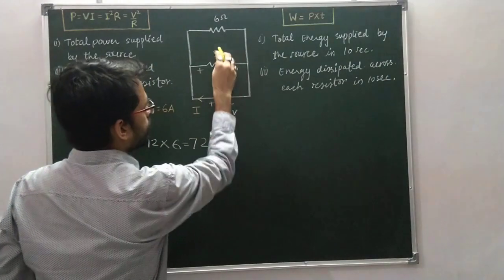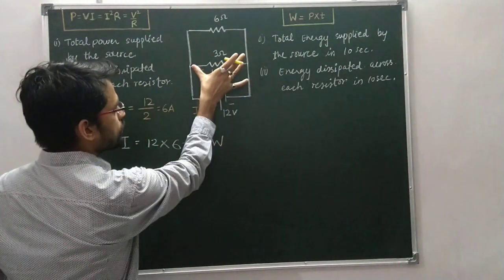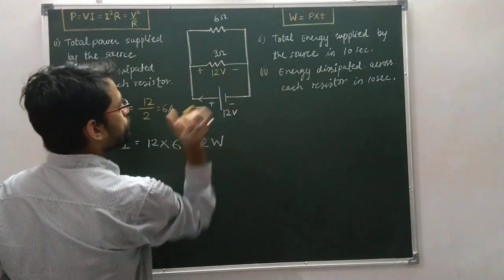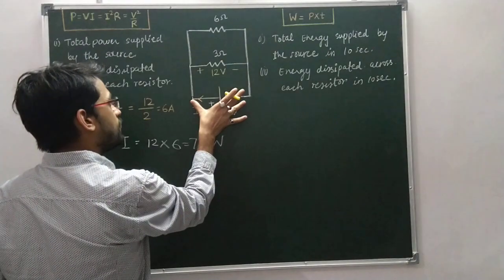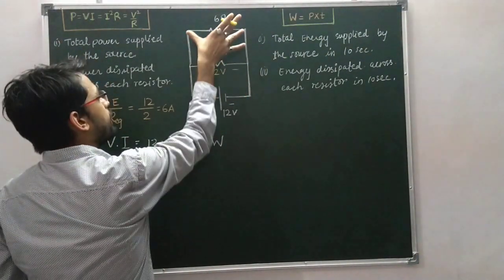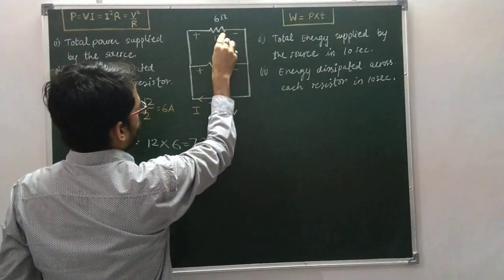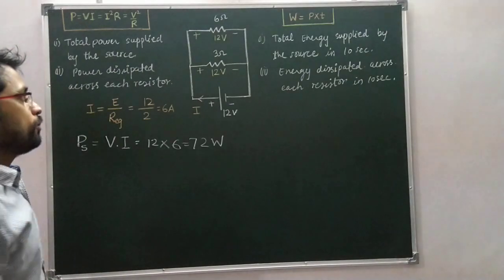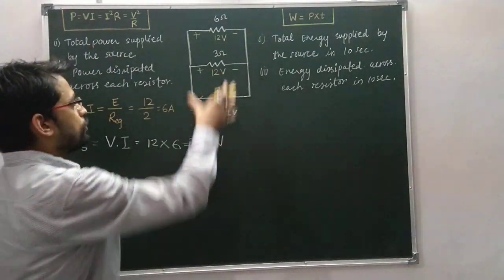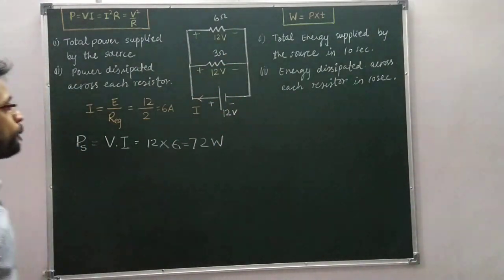It means the potential difference across the 3 ohm resistor is 12 volt, because the 3 ohm resistor is connected in parallel with the cell, and 12 volt potential difference is also applied across the 6 ohm resistor. All three elements are connected in parallel, so in a parallel circuit potential difference remains the same.